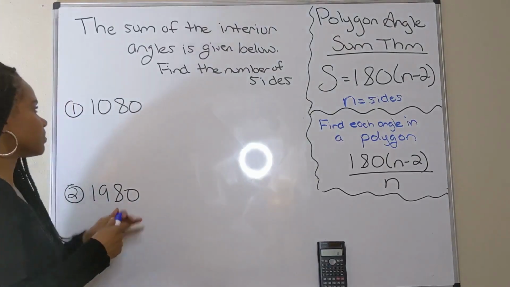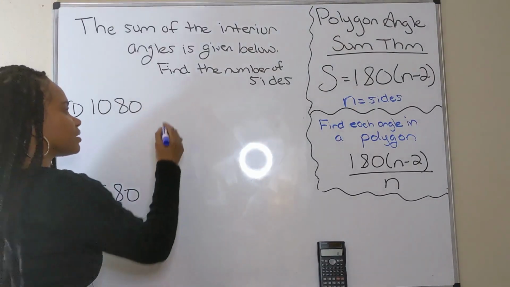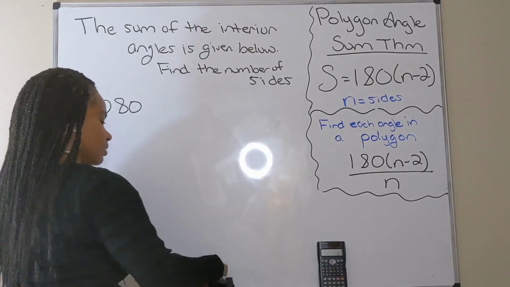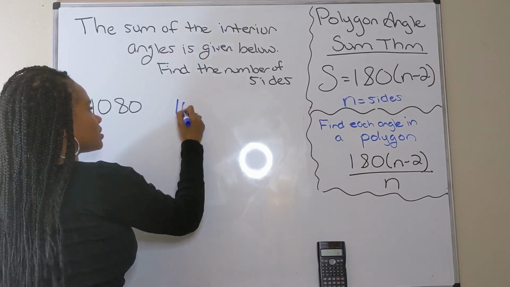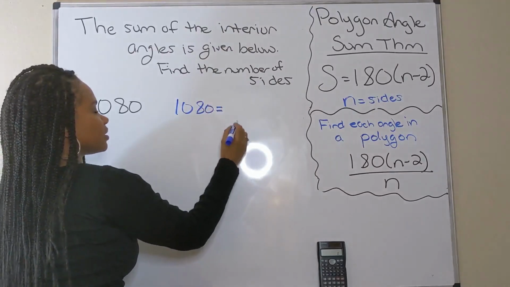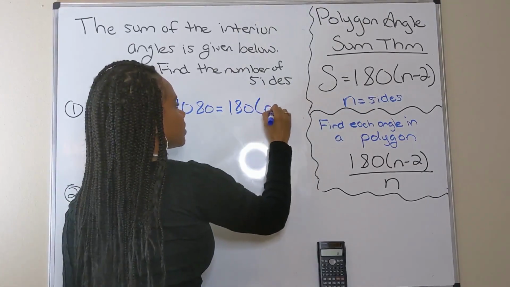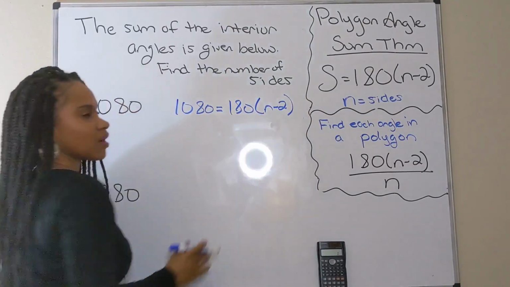All right, so our sum here is 1080, not 18. 1080 equals 180 times n minus 2, and we're going to solve for n.